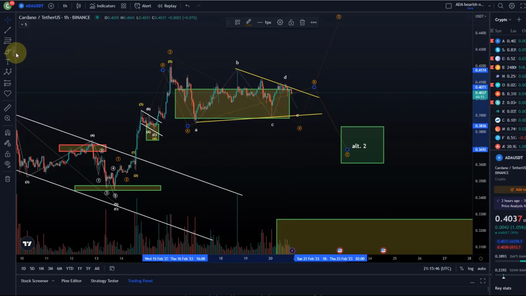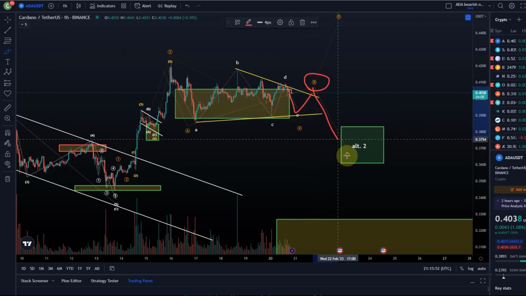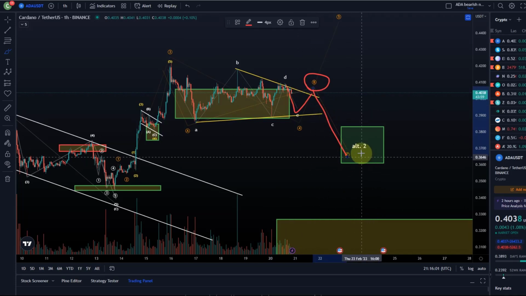We should then see one more leg down, one more leg up, which would peak in this B wave, and come down in the C wave. So this would be the explanation why the move down is currently not yet impulsive. The C wave will be impulsive, but it hasn't started yet.